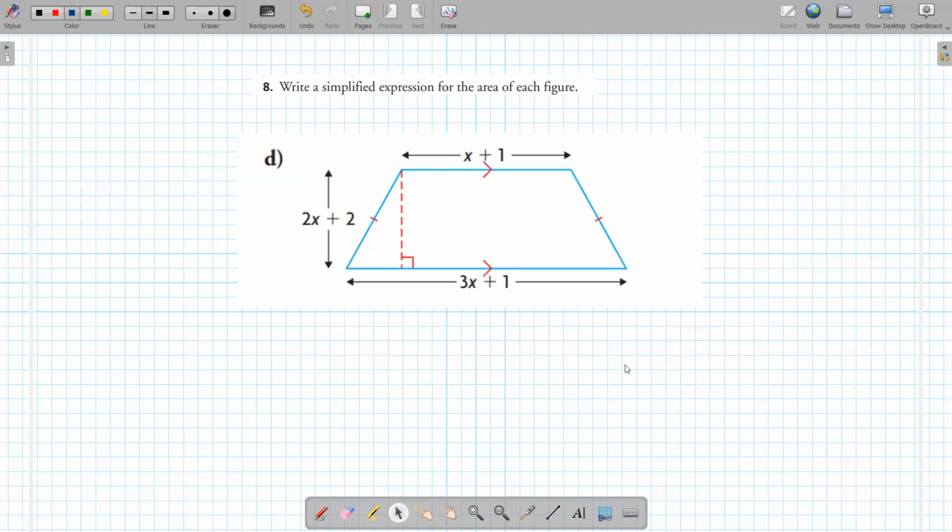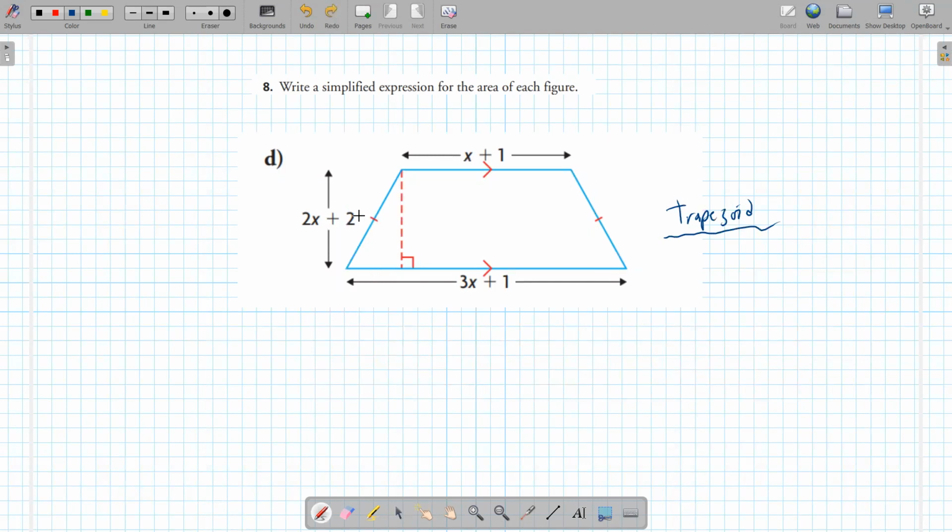Is it a rectangle? No. What is it? It starts with a T. It's a trapezoid, okay? Trapezoid. In fact, this is something called an isosceles trapezoid because these 2 side lengths are equal as denoted by this line here. This is a trapezoid.